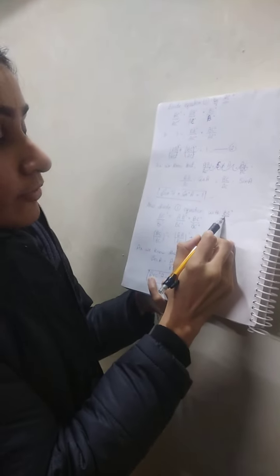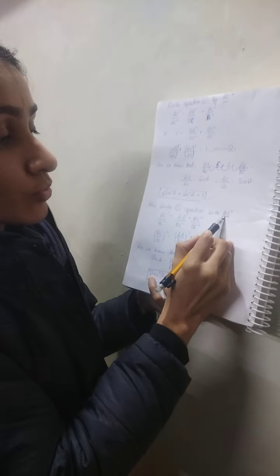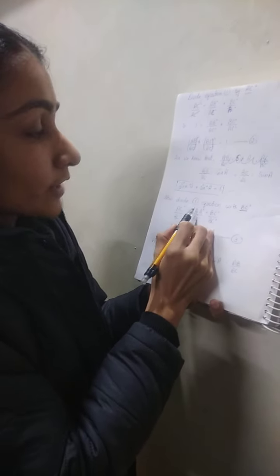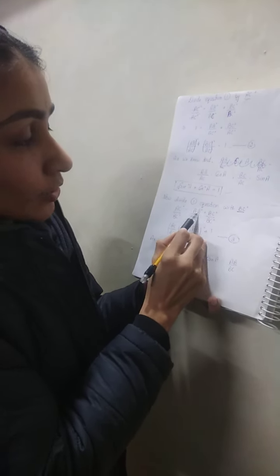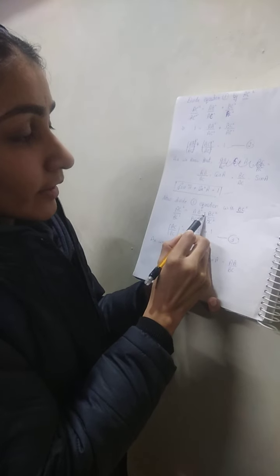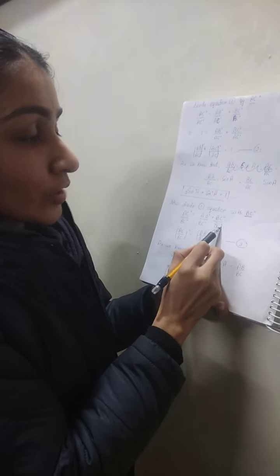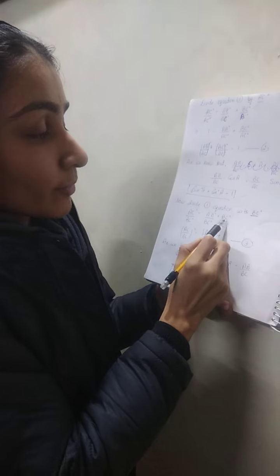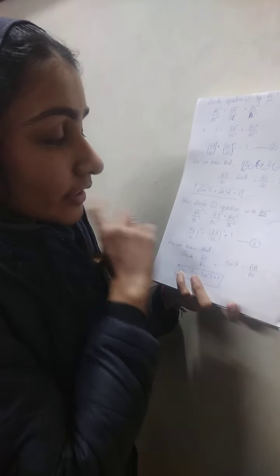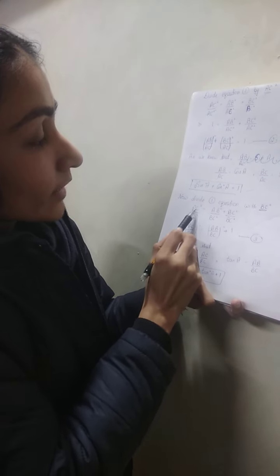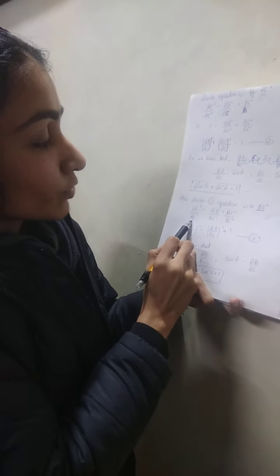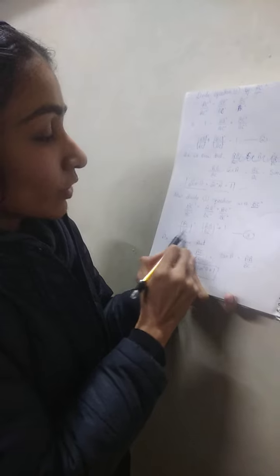Now we will divide the first equation by BC square. AC square over BC square is equal to AB square over BC square plus BC square over BC square. Again, BC square over BC square cancels out, and AC square over BC square is equal to AC over BC whole square.